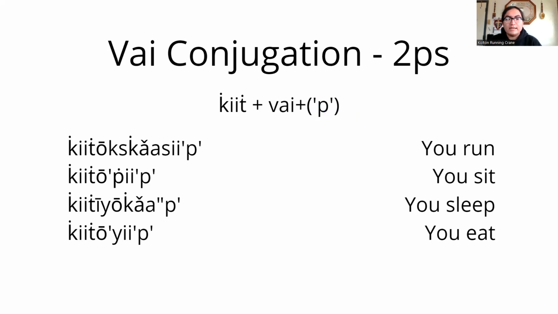In other dialects like Kainai or Siksika or Apatohsi Piikani, it's more prevalent, but in my dialect, Skapi Pikani, it's not always needed. For instance, with gitokskasishp, to say you run, I would probably say gitokskasi instead of gitokskasishp. It is pretty much saying the same thing, it's just different grammar.